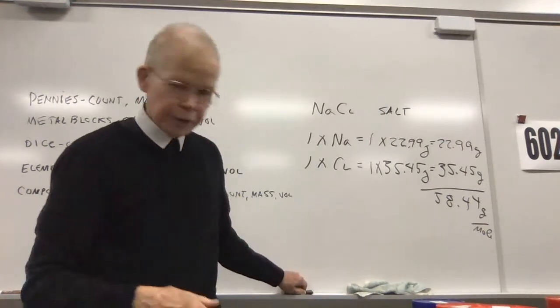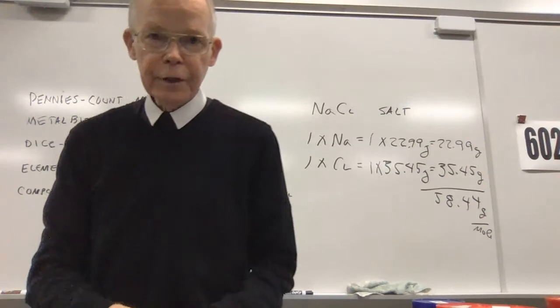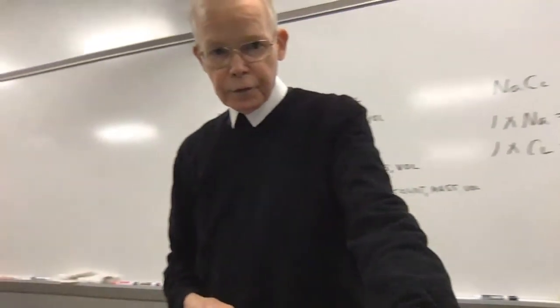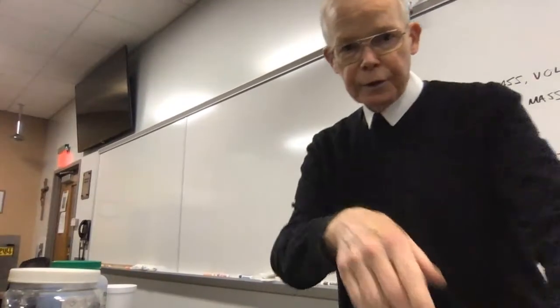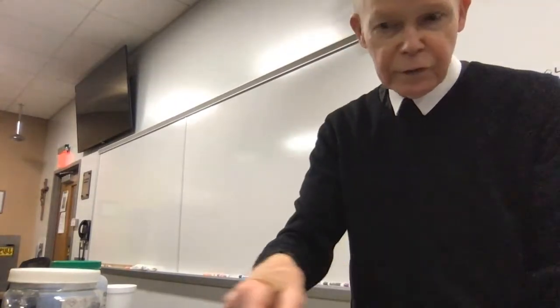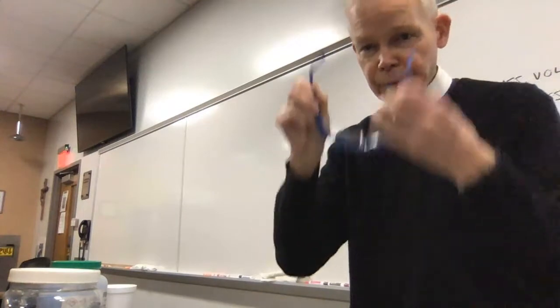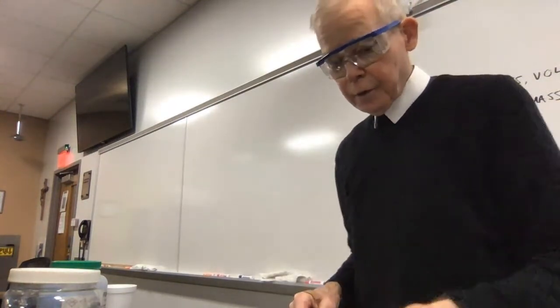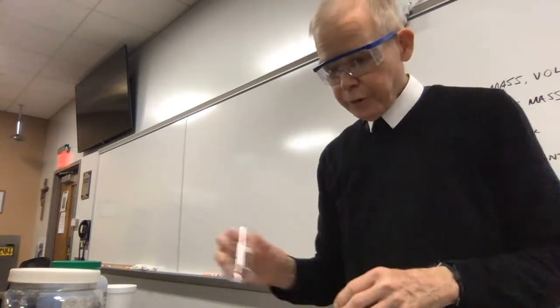Now, I'll show you how I'm going to do that with a balance. And let me turn the computer here a little bit so you can see better. Let me get my safety glasses on. I have a little plastic massing pan, and I have a beaker. I'm going to place the beaker on the scale.